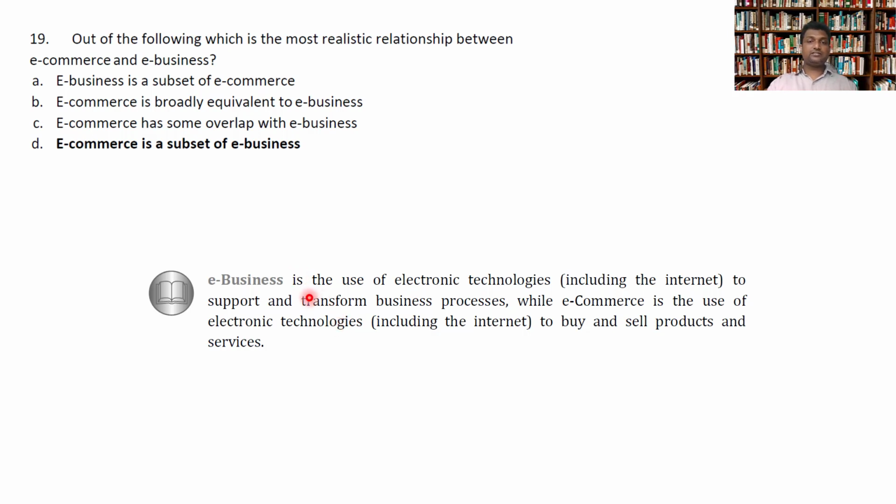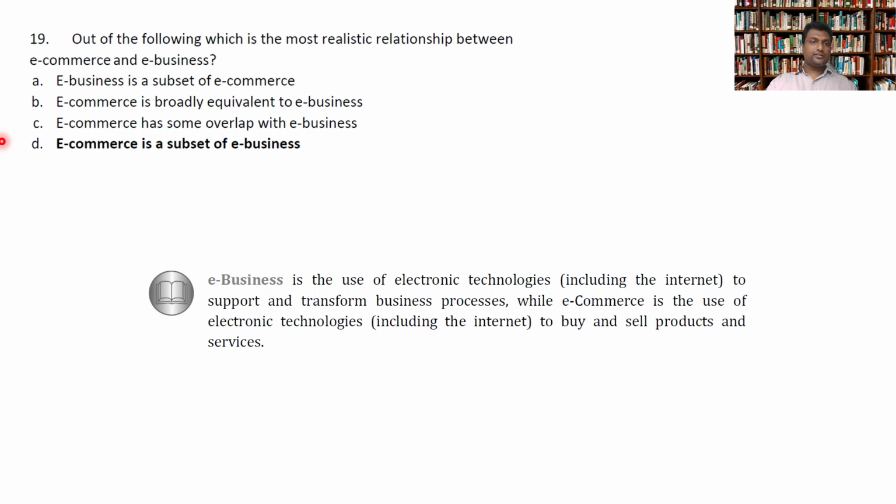And e-business has other things as well, right? Staff recruitment, procurement, supply chain, everything has to be electronically handled, not only buying and selling. So e-commerce is one of the things in e-business, and there are more things in e-business.